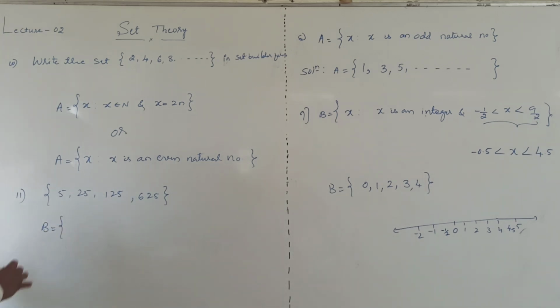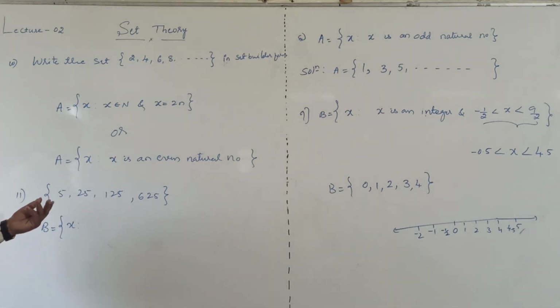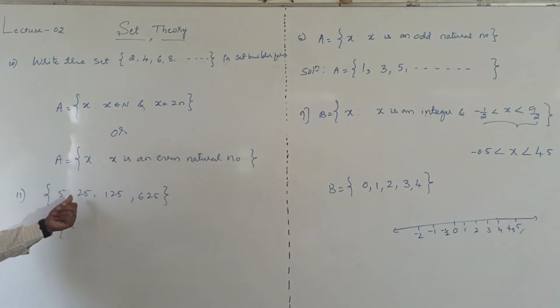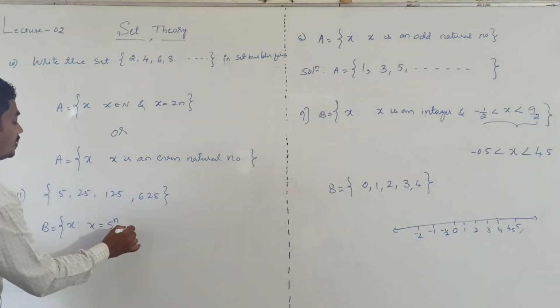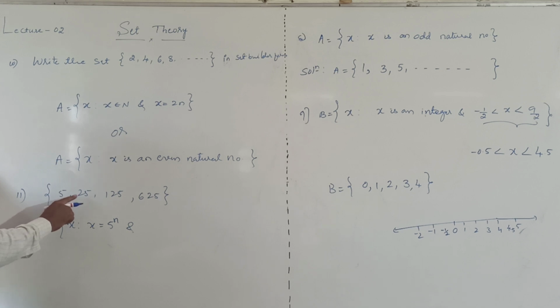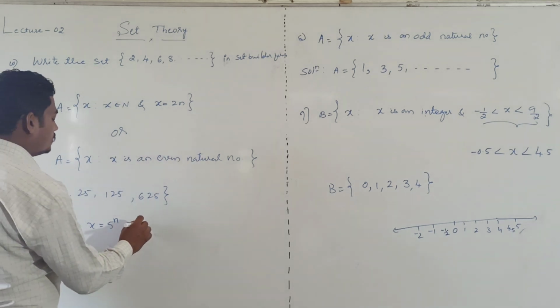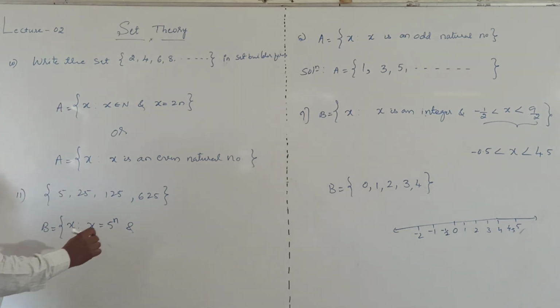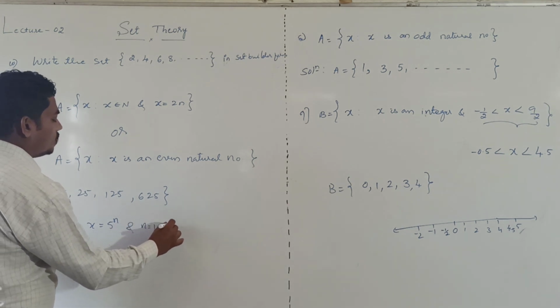Suppose B equal to X such that X equal to clearly 5 power n, and one more condition we should give. What is the restriction for n? Clearly it is 5 power 1, 5 power 2, 5 power 3 and 5 power 4, and n equal to 1, 2, 3, 4.